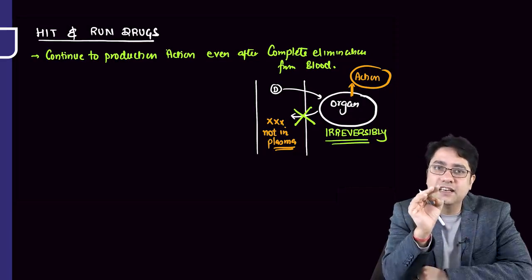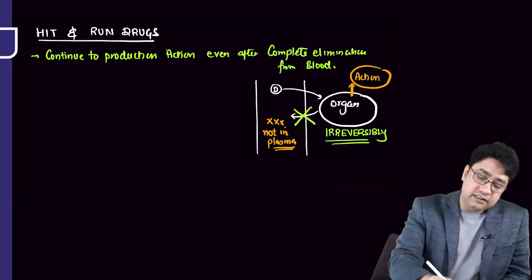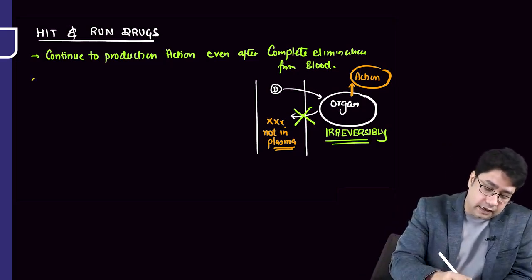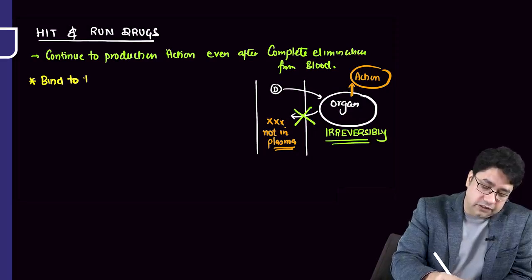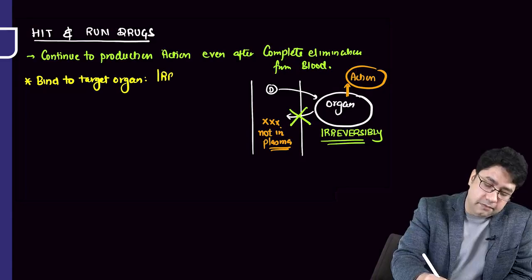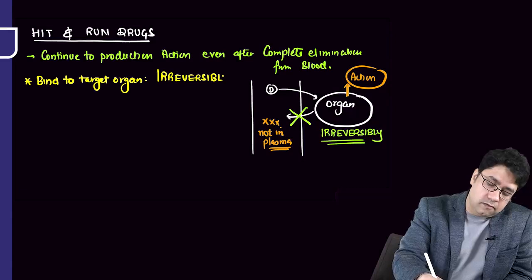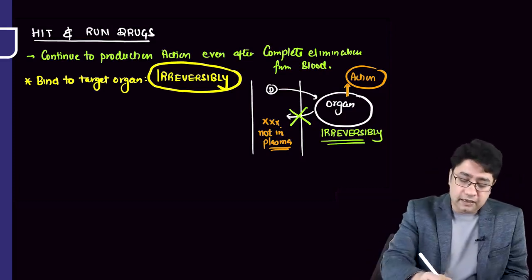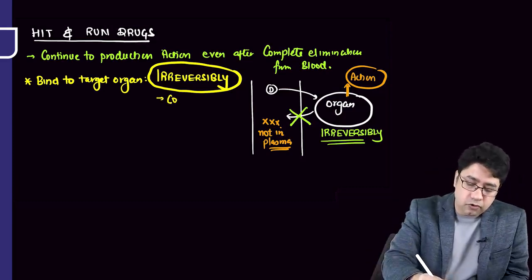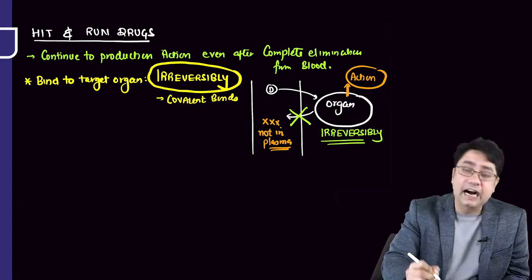So this is a hit and run drug, because hit and run drugs bind to their target organ irreversibly. Beta, irreversibly means which bond? Covalent bonds. There is another bond known as ionic bond.